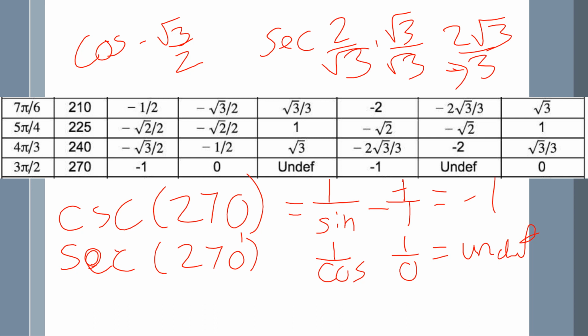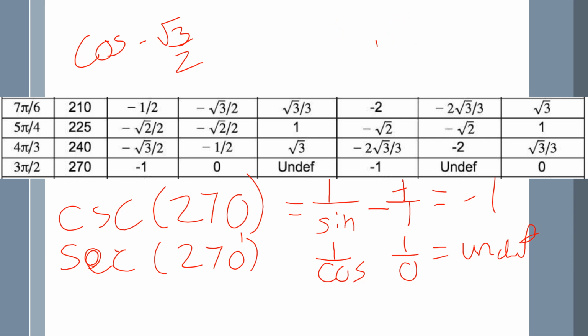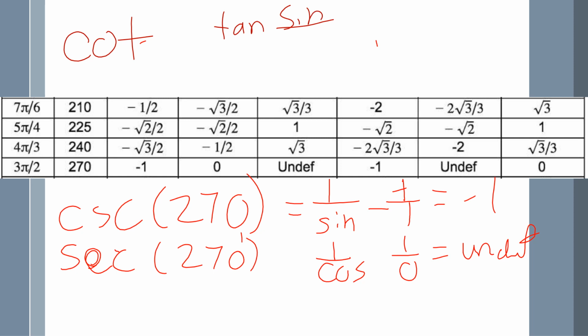And again, going back to cotangent of 270. Cotangent is a little bit different, because to do cotangent, you definitely have to understand what tangent is, in which we know tangent is sine over cosine.